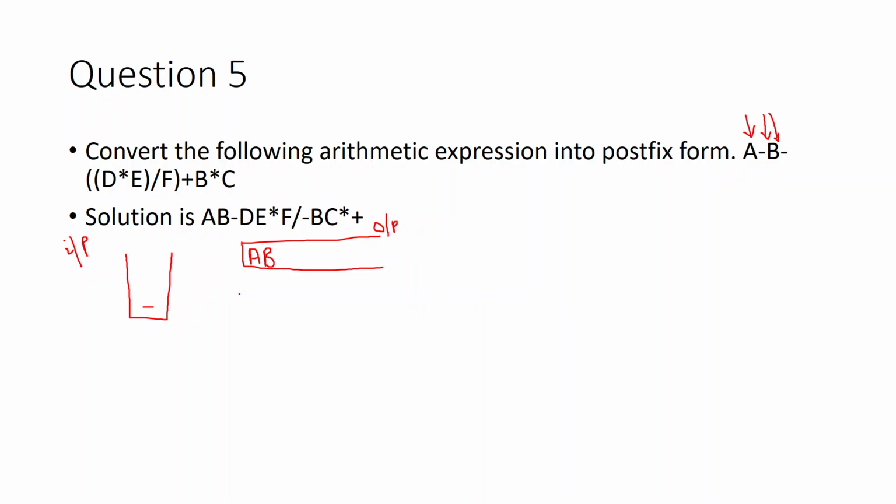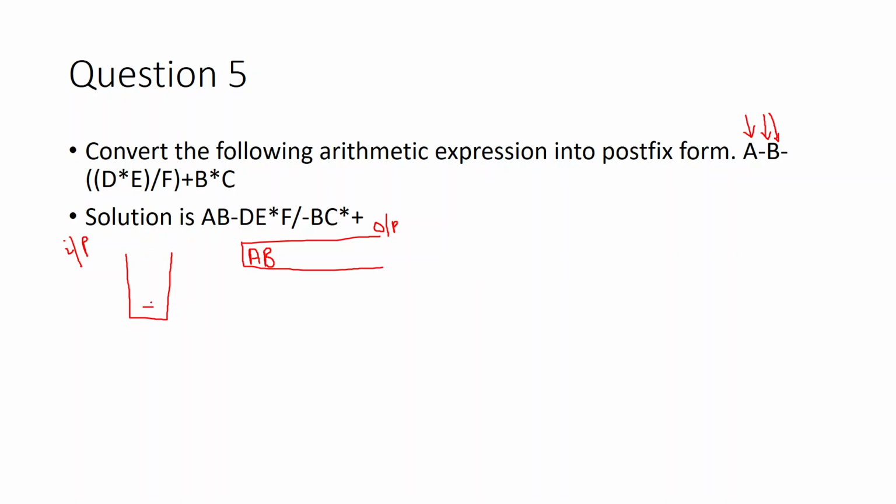The next one is again subtraction. So when we find the operator, we need to check the existing operator in this stack. We need to compare the operator precedence of these two. Minus and minus, both operators have equal precedence.